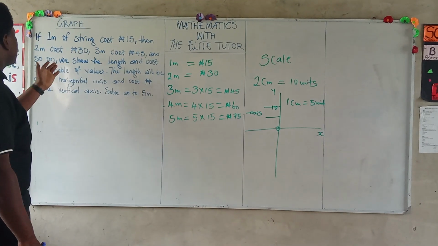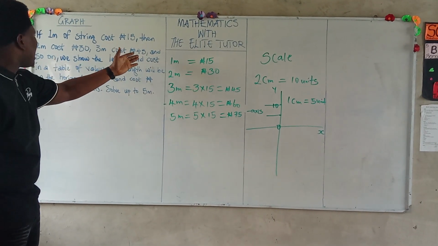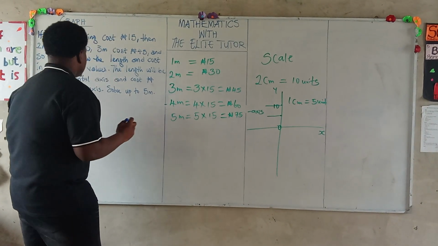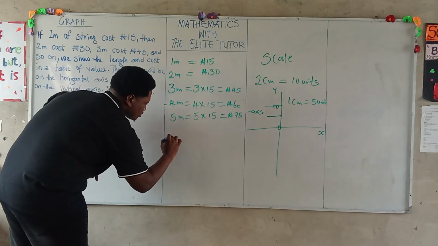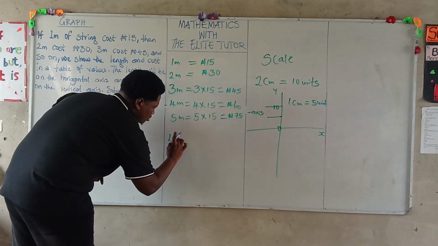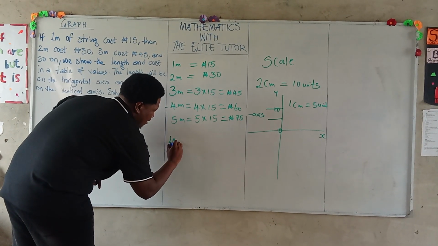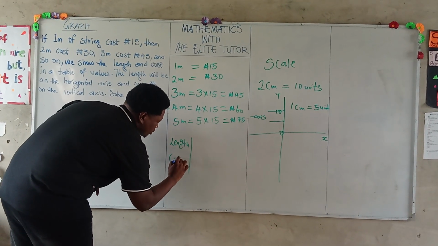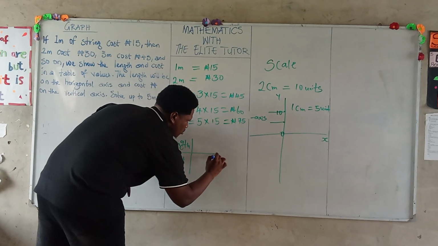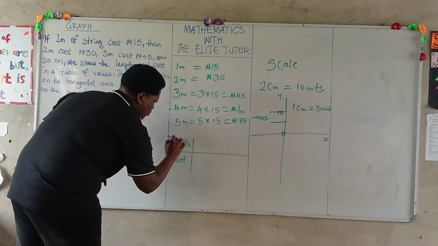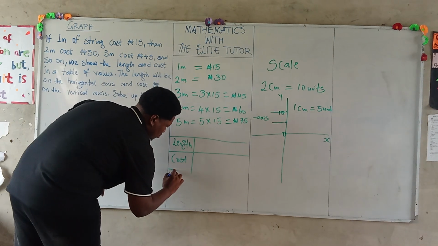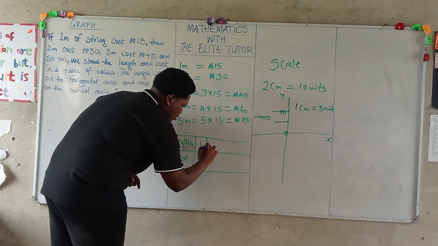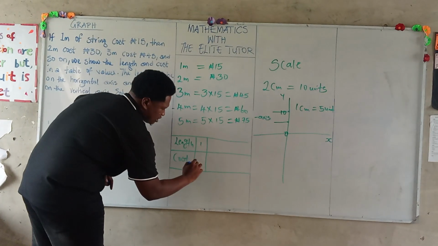Now the question says we show the length and cost in the table of value. So let's prepare our table of value. We have our length, we have our cost. So we have 1 meter is equal to 15.